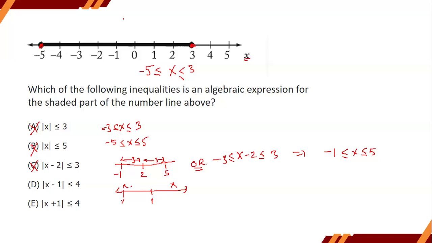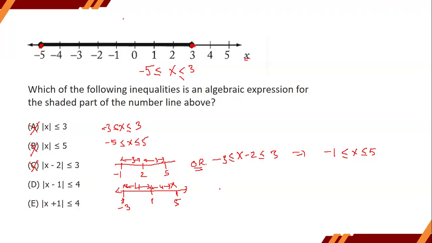So this is 4 units. It is less, I'm so sorry, it is less than or equal to 4 units, right? And this is again 4 units over here, right? So of course, that means this is 5. And here what will we have? 0, -1, -2, -3. So that means -3 over here, right?